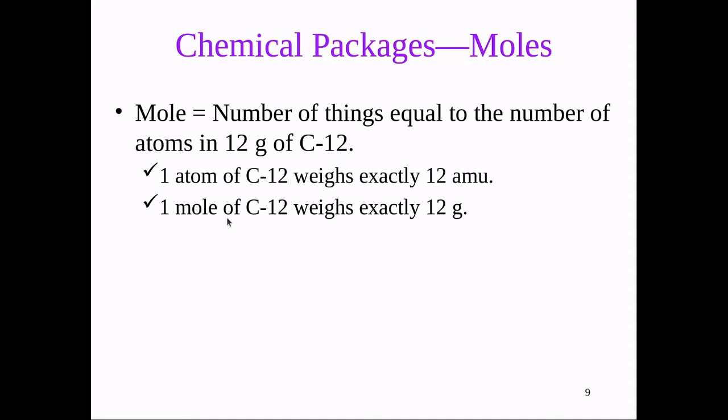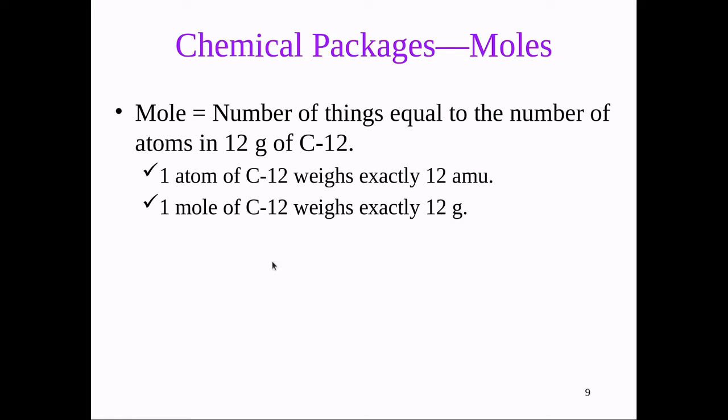If we have 1 mole of C12, then that means that that weighs exactly 12 grams. Okay? So what this allows us to do, what it basically has done, is it's made the unit AMU synonymous with the unit grams per mole. Okay? And I want you to keep that in mind as we go through.